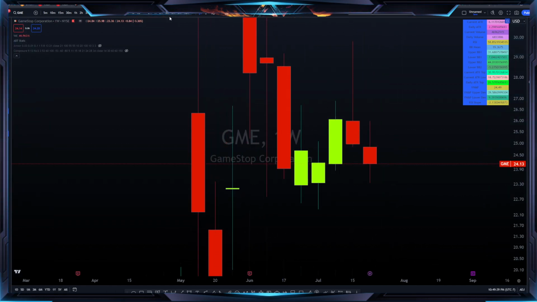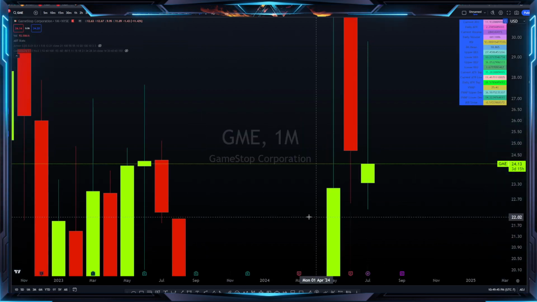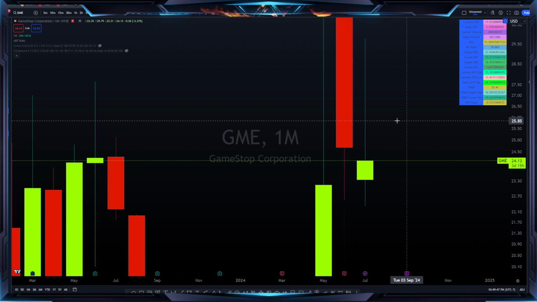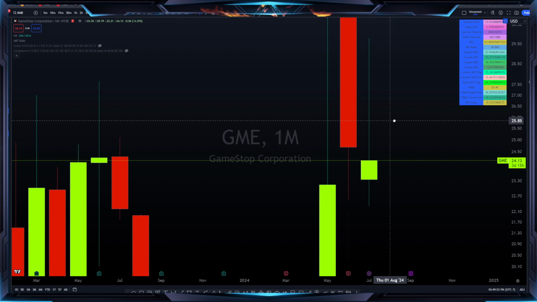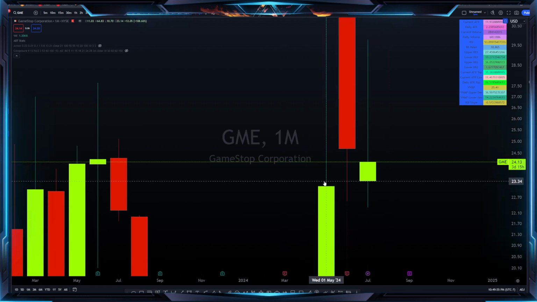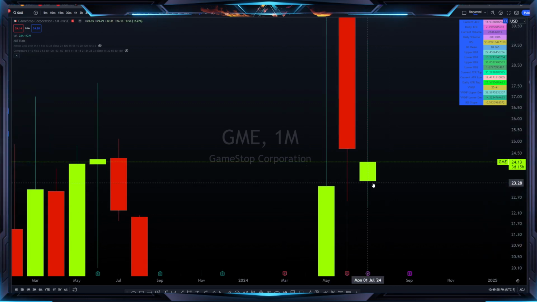But I gotta show you the monthly time frame right now because the monthly is about to close. We have 3 days and 15 hours to close the monthly time frame, which is literally around the corner. We're about to jump into August, and I got to show you this right over here. First of all, notice that this candle right here is our month. We opened at 23.34.